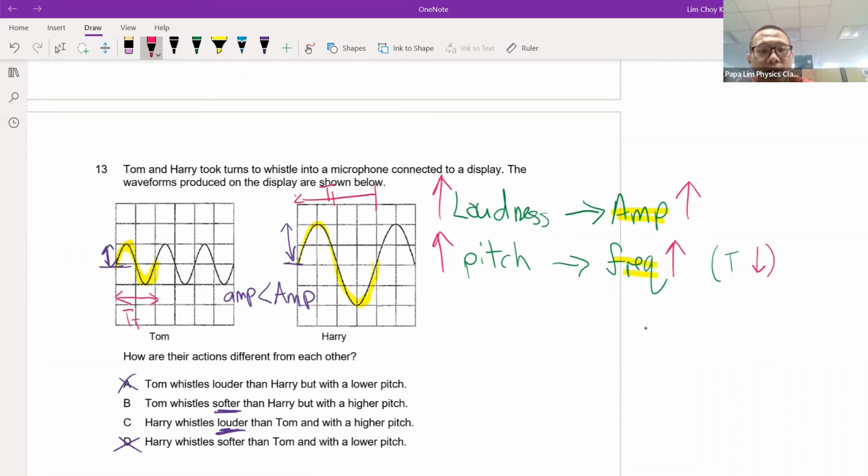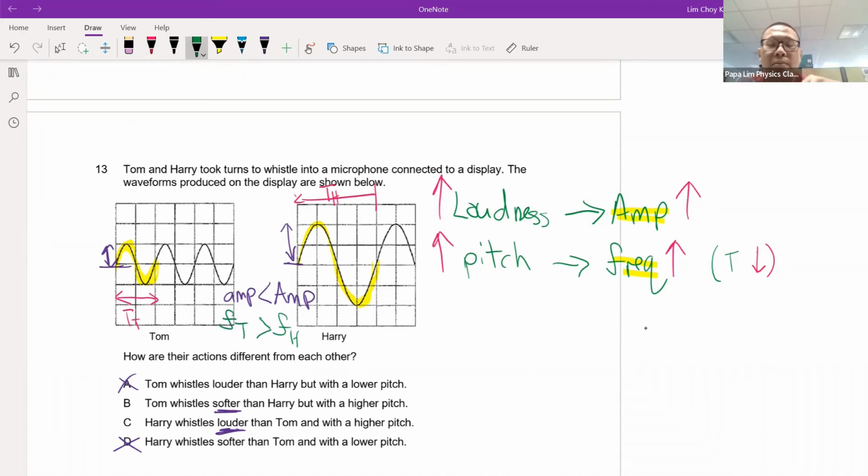So you look at it, you will know that the period for Harry is actually longer as compared to the period for Tom, which means that the frequency of Harry would definitely be smaller than Tom.